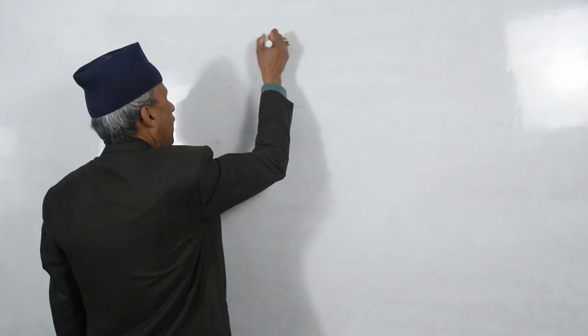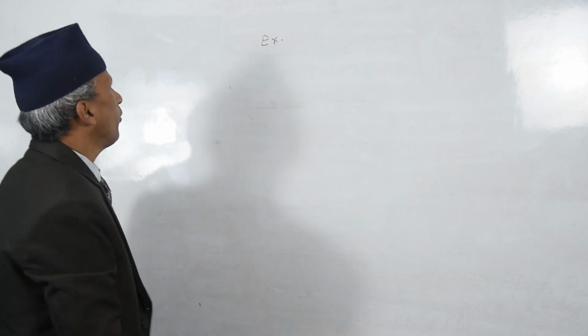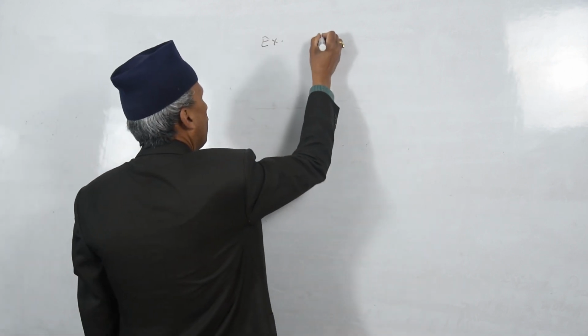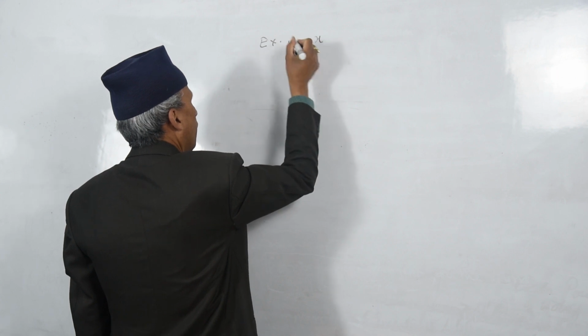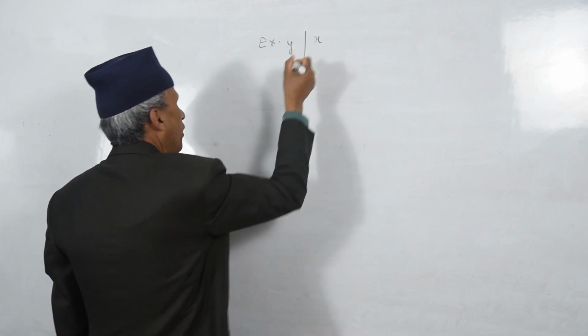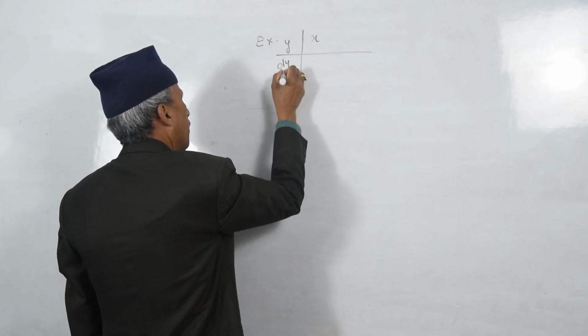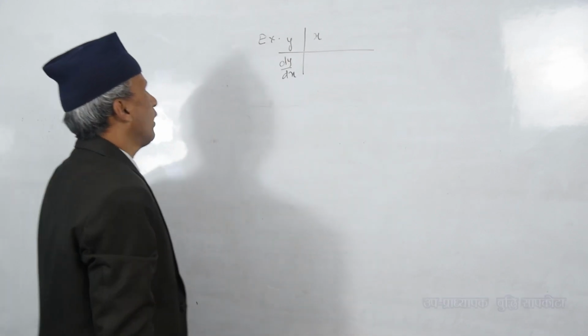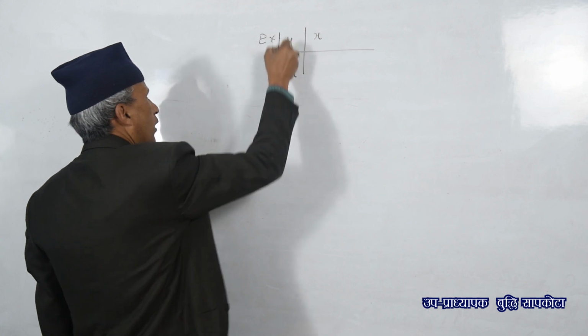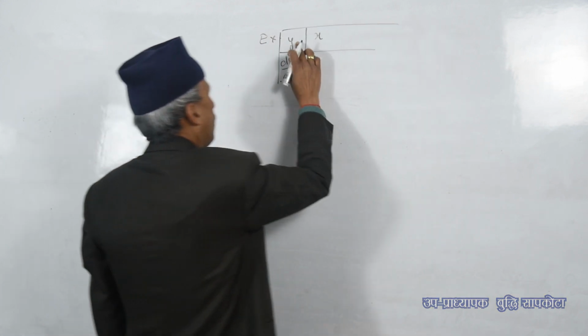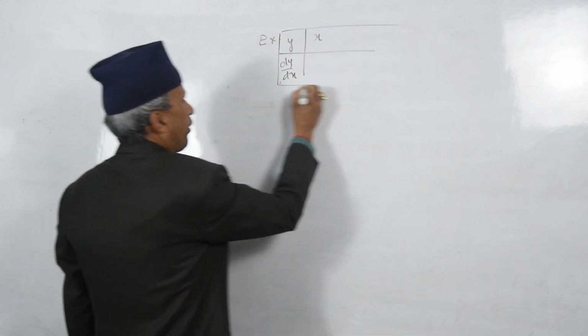For example, again we can see an example. If you check the values, this is y, and this dy by dx is the derivative.